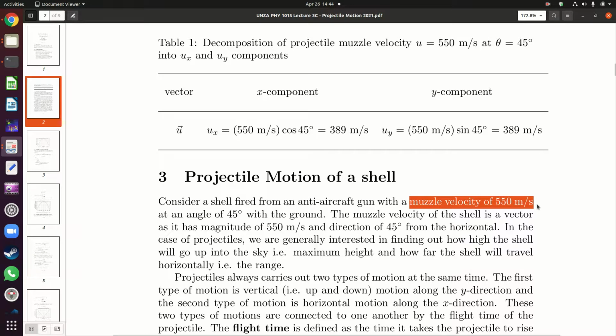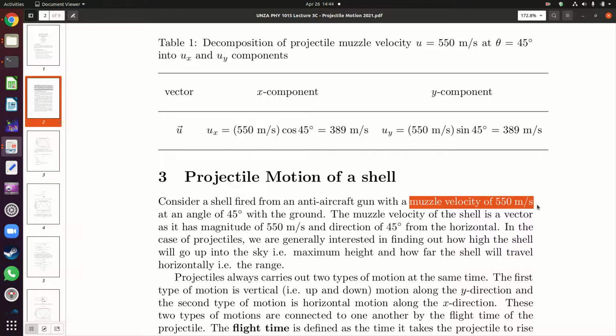In our case, the launch velocity of this anti-aircraft gun is 550 meters per second, and it is fired at an angle of 45 degrees to the ground. The 45 degrees to the ground has been specifically chosen because that is when you can get maximum range.